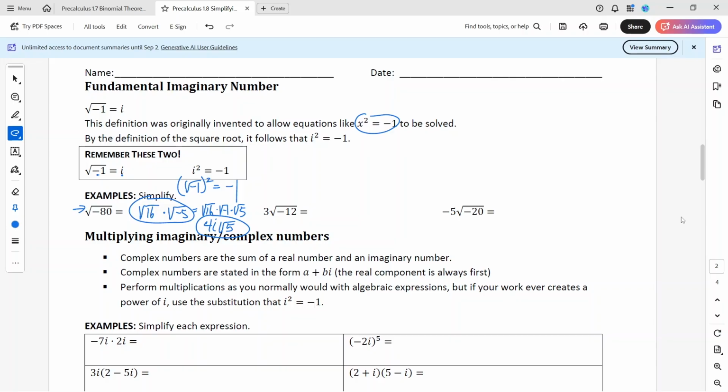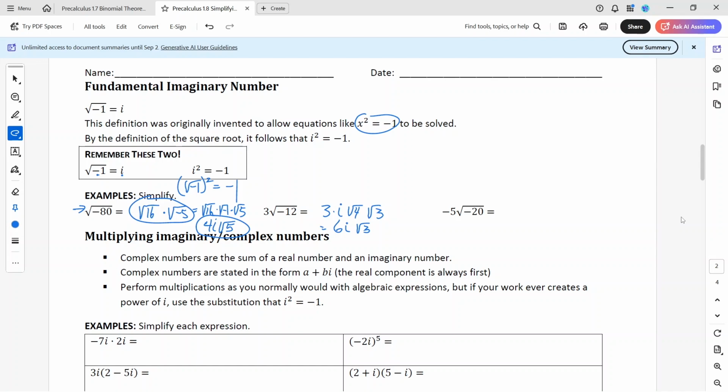By the same token, I would recognize that 4 times 3 is 12. So I would think of this as 3 times an i times the square root of 4 times the square root of 3. And I recognize that the square root of 4 is a 2, so I would call that 6i square root of 3. And again, notice that I like nothing to the right of the radical, and I like the i in between the coefficient and the radical.